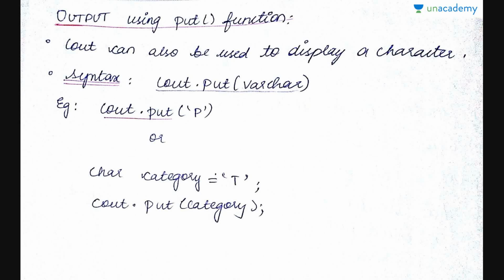For example, we have cout.put('p') with just the alphabet p within parentheses. That will print the alphabet p. Or, as another example, you can first store that character in another variable, like category equals t, and then write category as the argument, which will print its value.